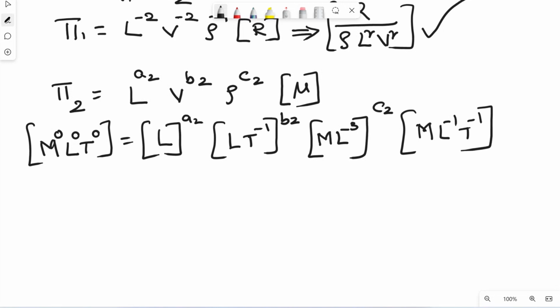Now this equation is dimensionally homogeneous.